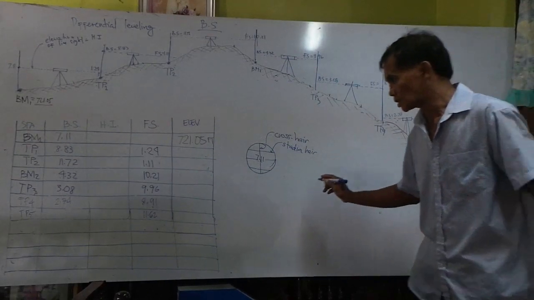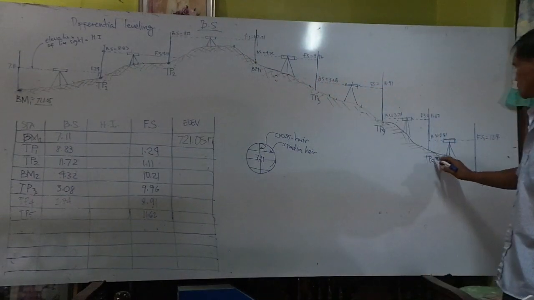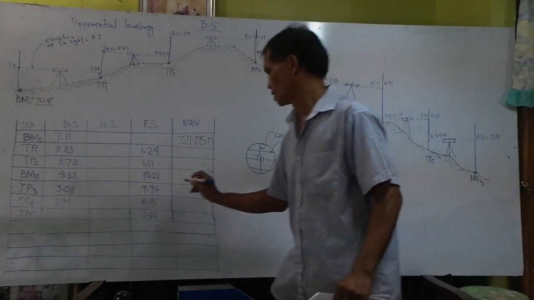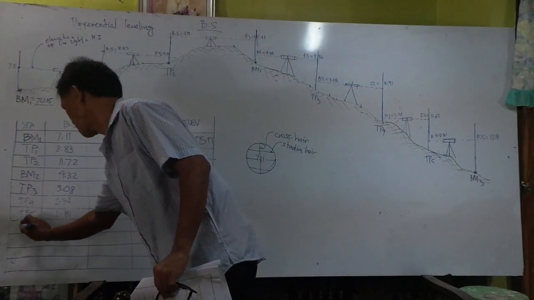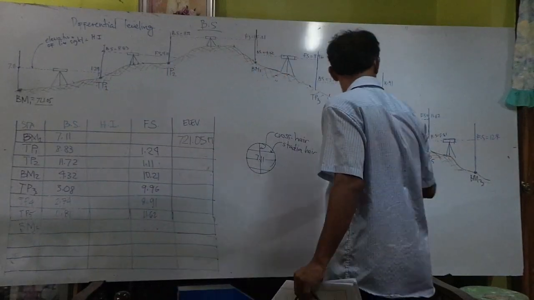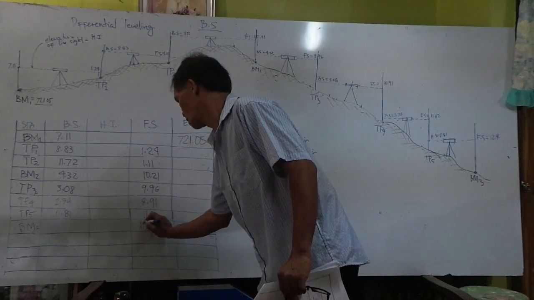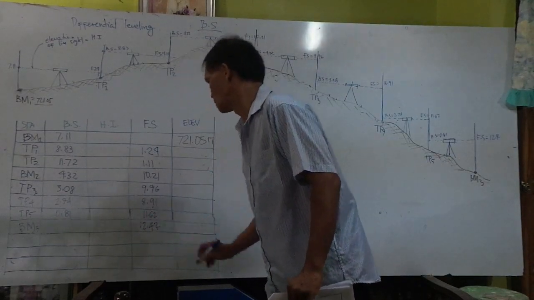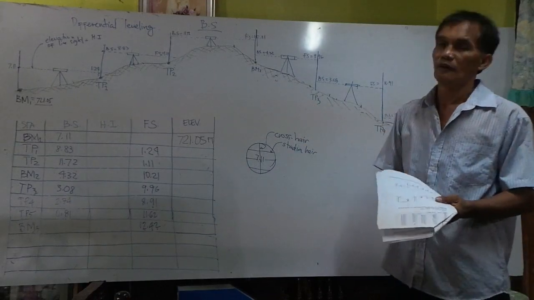By the way, you have the backside at TP1, so we record 0.81, and the Bismarck 3 foresight is 12.42.